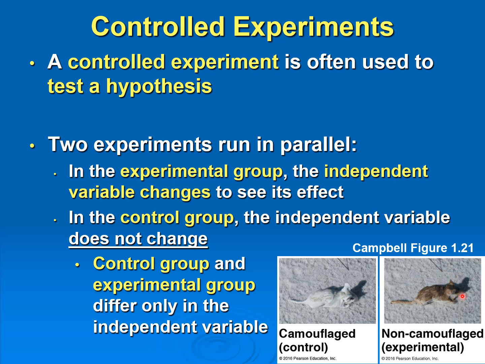Okay, so we're going to make them non-camouflaged. So our independent variable would be whether they're camouflaged or not. The control group, we're going to leave them camouflaged, but our experimental group, we're going to change the color and make them so they're not camouflaged, so they stand out.